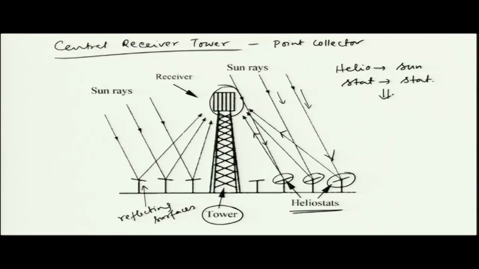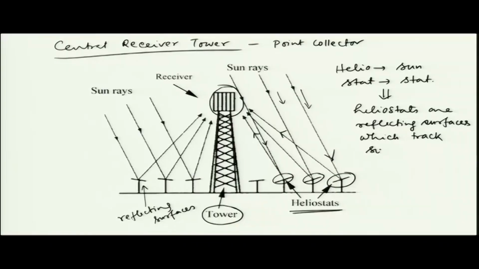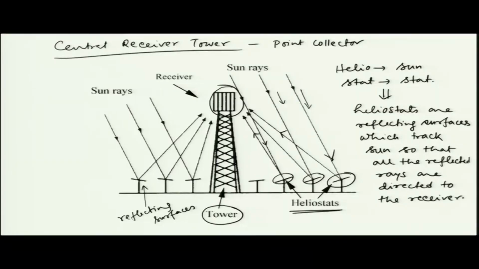So, basically this means that these heliostats are reflecting surfaces which track the sun, so that all the reflected rays are directed to the receiver.